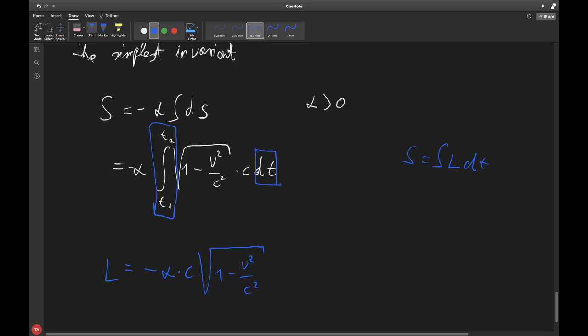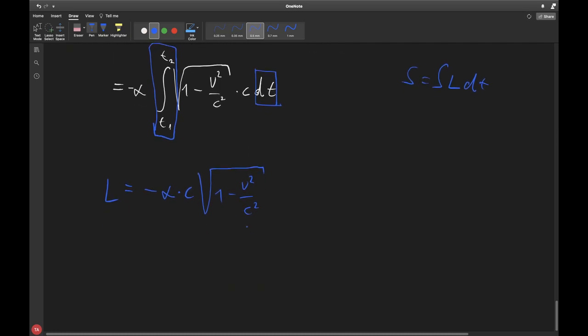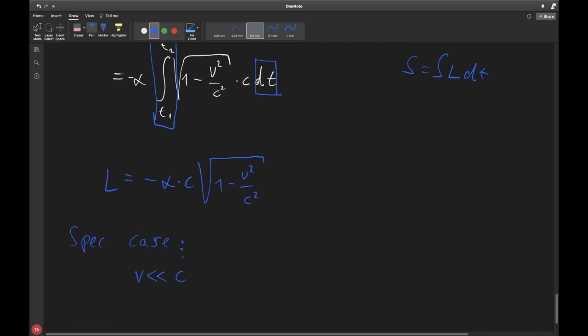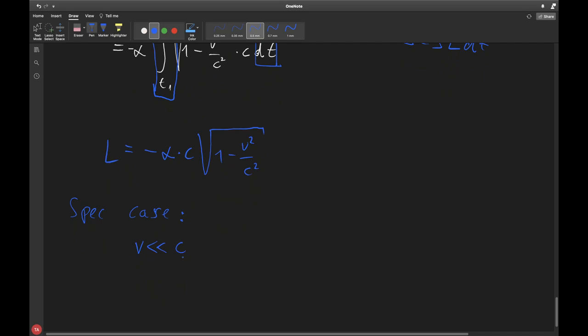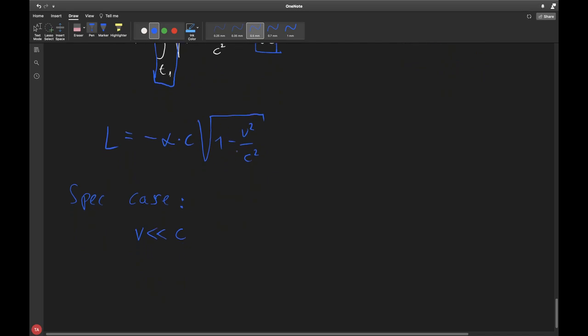To figure out this alpha constant, we can go again to a special case. So the special case is if we go to classical mechanics. So how do we go to classical mechanics? Classical mechanics is the same as relativistic mechanics, just the speeds are much less than the speed of light. So to do that, we can do the Taylor expansion of this square root equation.